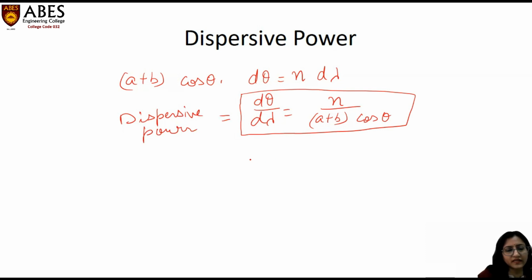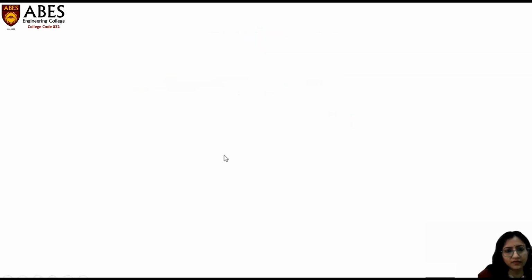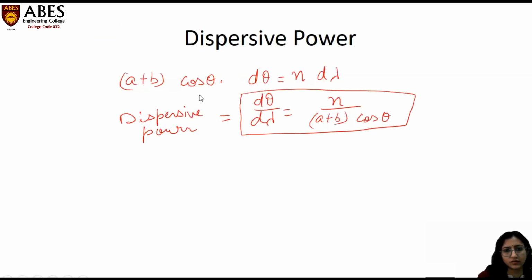From this formula we can generalize that the dispersive power of a grating is directly proportional to n, the order of the principal maximum.